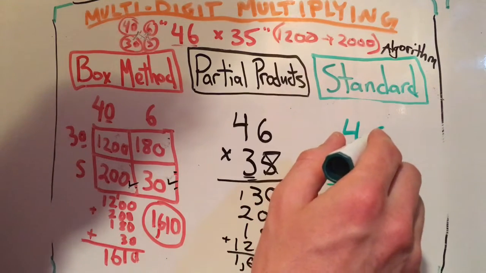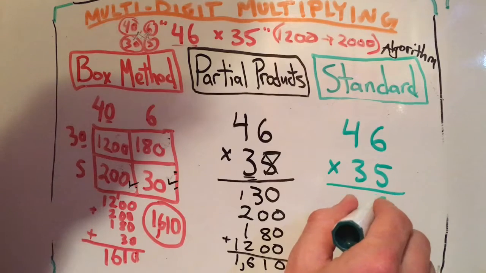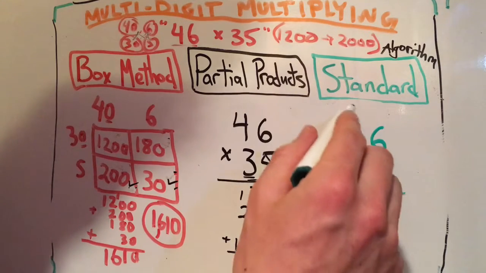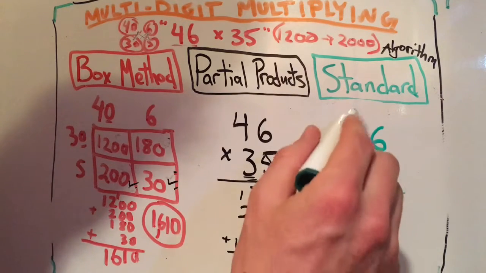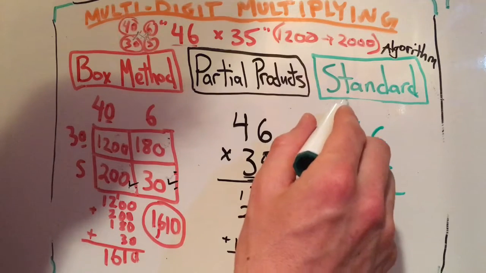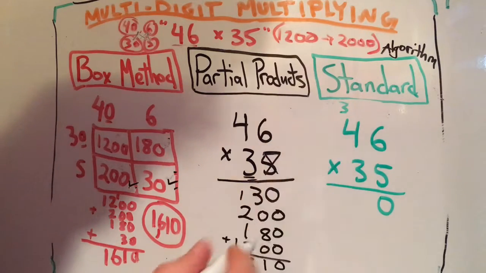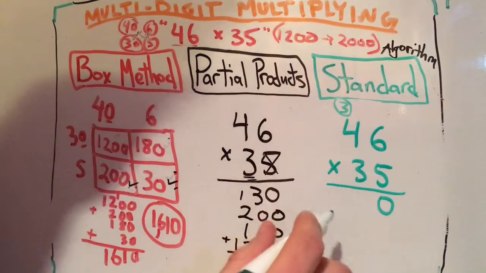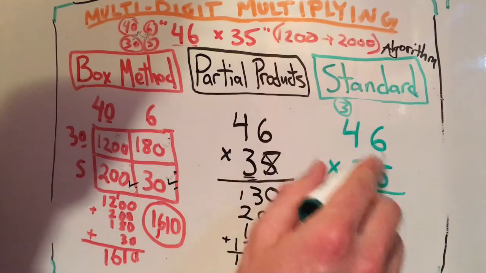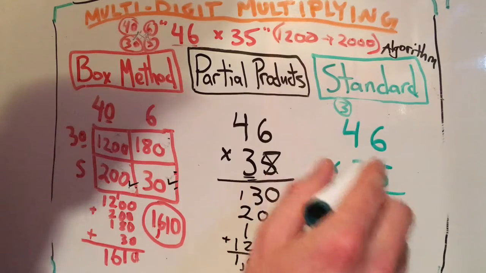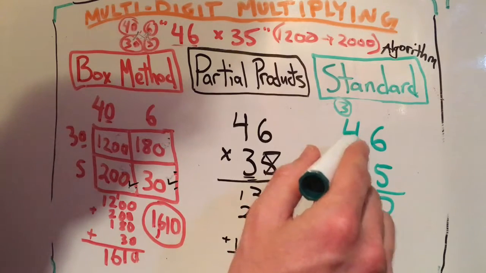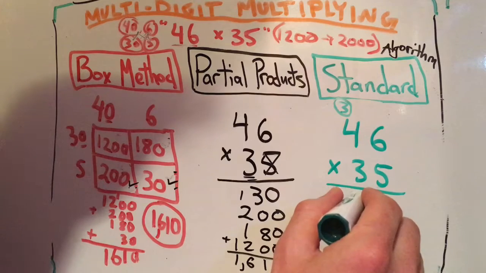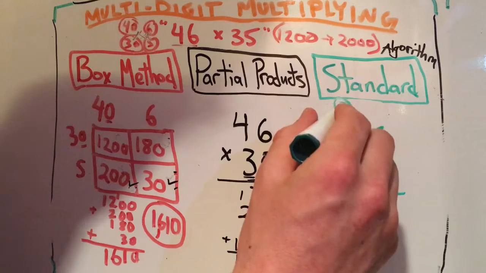So when we multiply the 6 times the 5 and we get 30, we are going to deal with this extra 3 in the tens place by putting it in the tens place over here and reminding ourselves to add it when we're done multiplying the 4 and the 5. The 4 is a 40, but we're going to multiply it as a 4 times 5, and we're going to get 20 plus that 3.